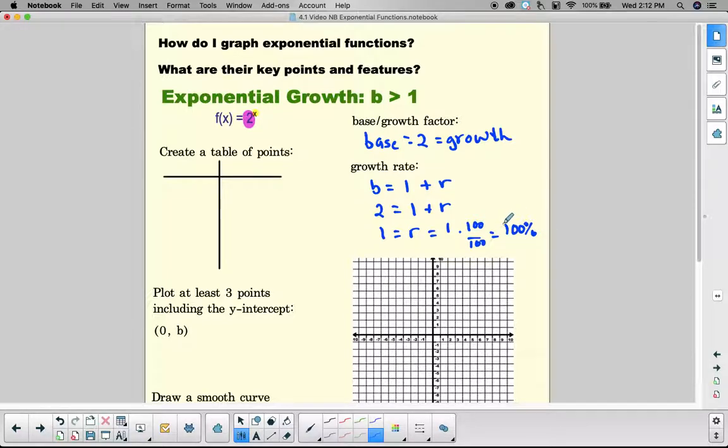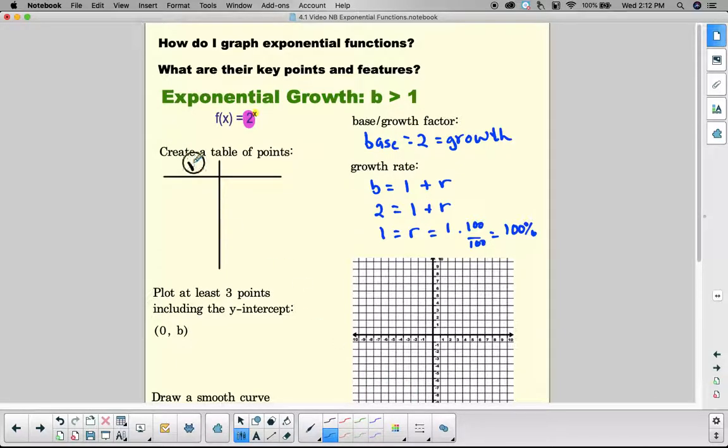So the function is going up by 100%. The percent change is 100% each time. So that means it's doubling. Kind of crazy. Let's plot this and see what happens.